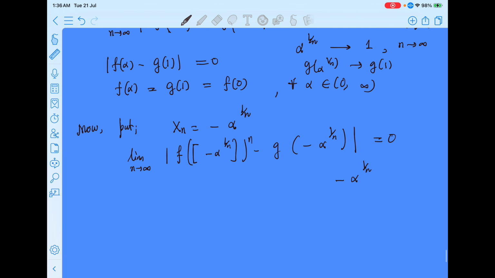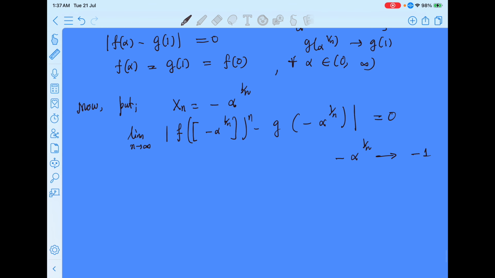Minus alpha power 1/n tends to minus 1, right? No confusion. Then we can do it like that. So alpha power 1/(2n) power 2n is also possible, right?